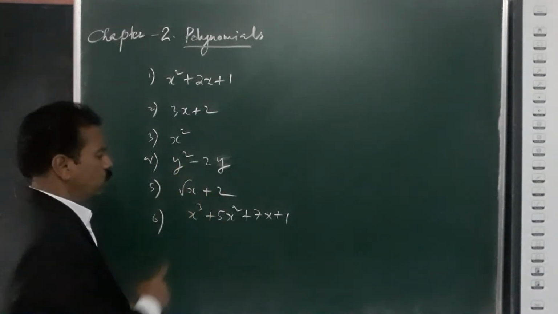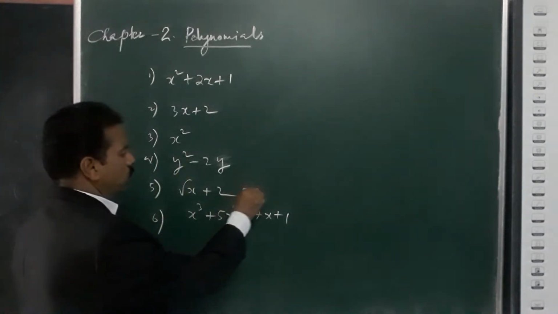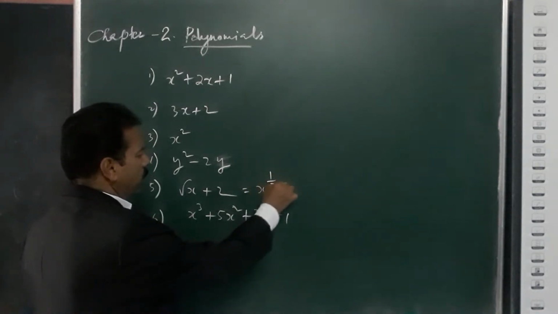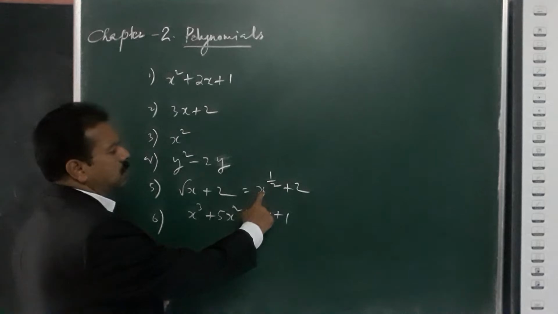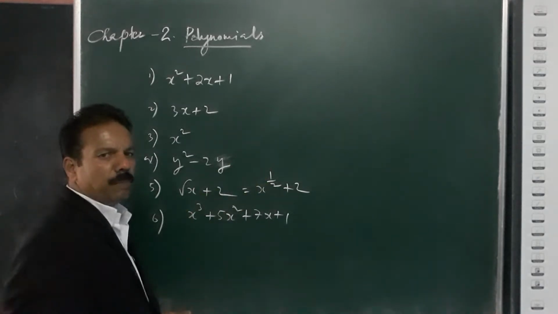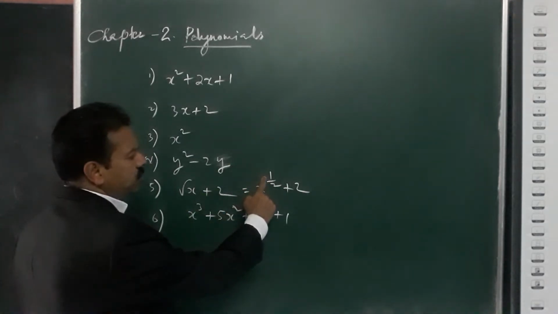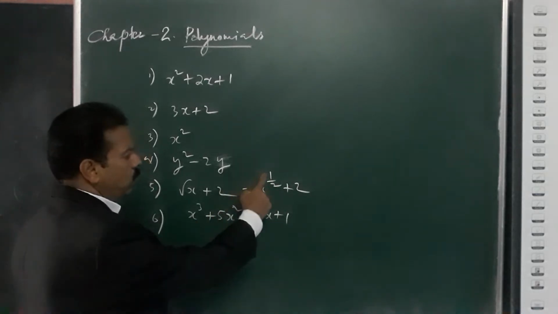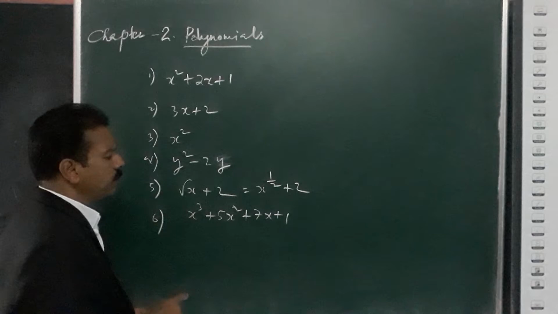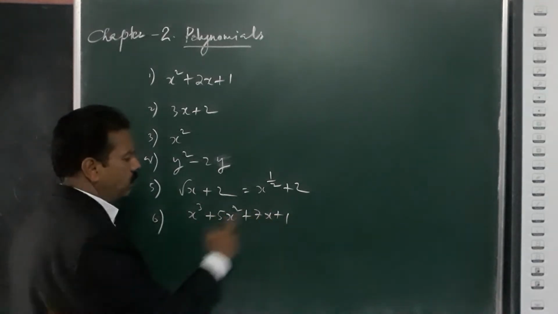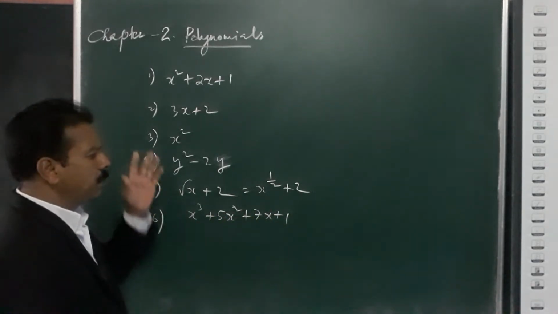Here root x plus 2, you can also write x raised to 1 by 2 plus 2. Root x means x raised to the power of 1 by 2, and the exponent is a rational number, not a whole number. Here the highest exponent is 3. How many terms are there? 4 terms. And these are all algebraic expressions.